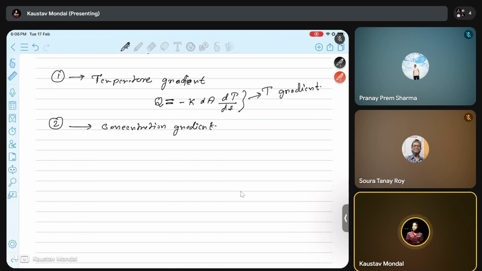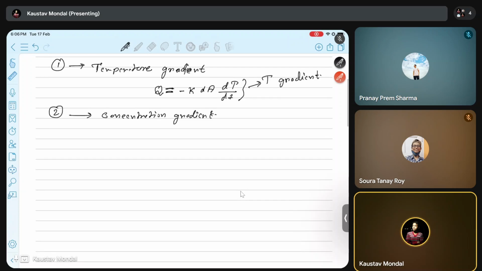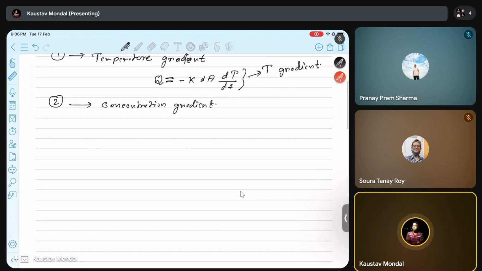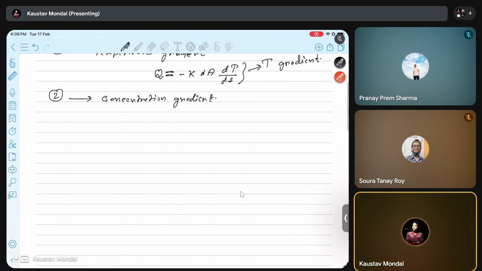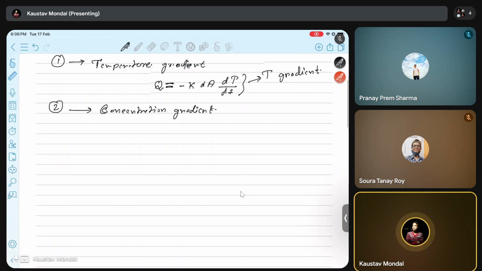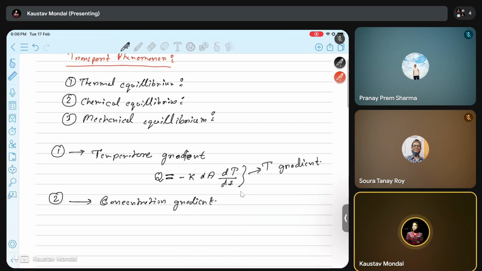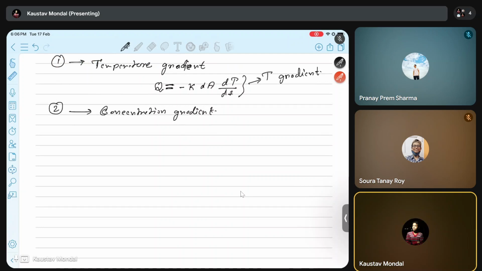Because of that, the gas will move from the higher dense region to the lower dense region, right? This creates the thing that is known as diffusion. So this concentration gradient similarly disrupts the chemical equilibrium, and because of that this transportation of gas molecules occurs.